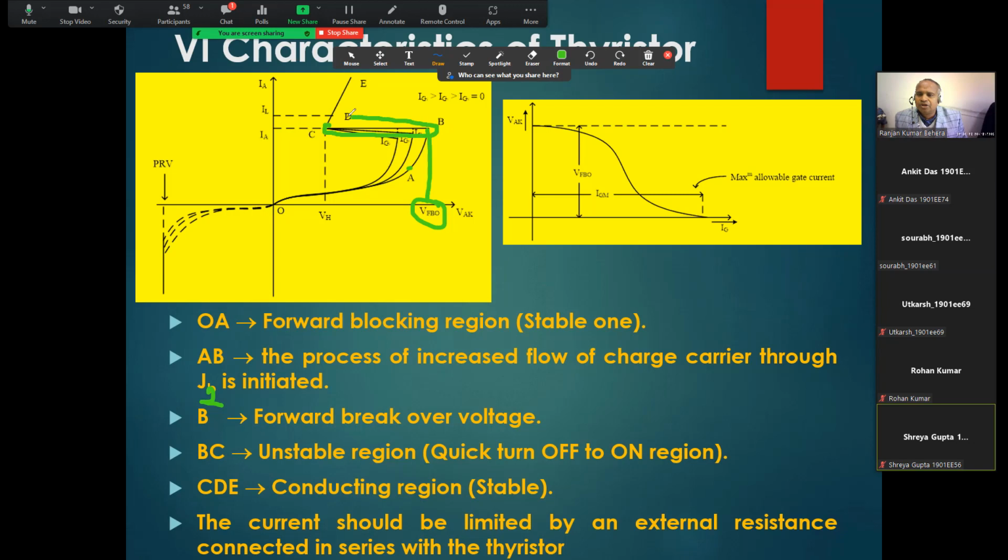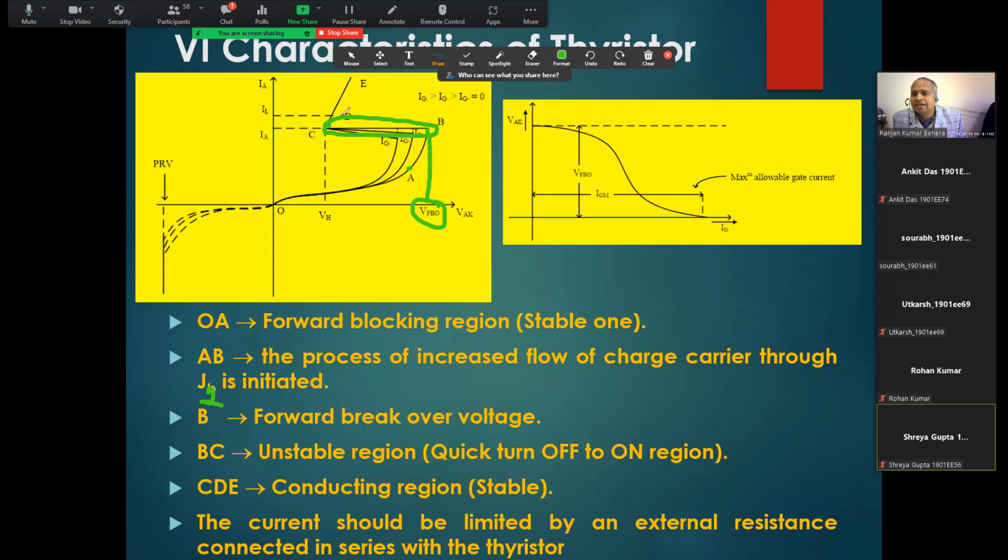Even if you want to test this in practice, when you want to see the VI characteristics, you will see that during this period the switching over takes place, and you cannot recognize that time period, and you cannot recognize this part of the curve.